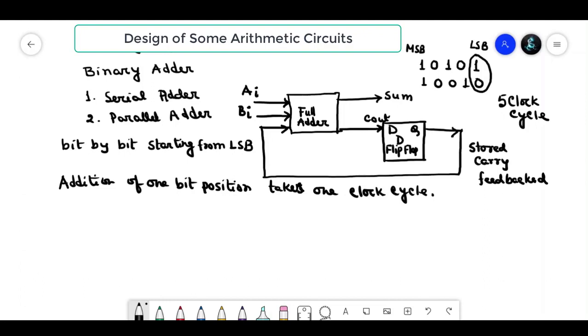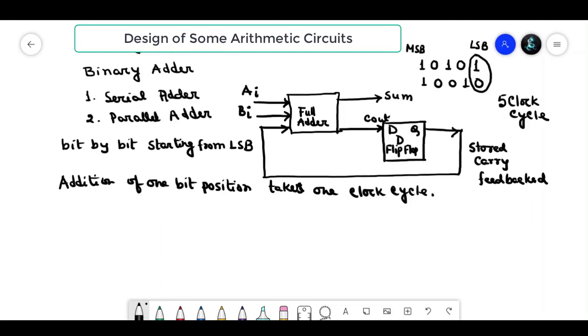The circuit of the serial adder will be like this. It consists of a full adder and one flip-flop. The operands are provided bit by bit starting from the LSB. Thus for an n-bit serial adder, n clock cycles are needed.